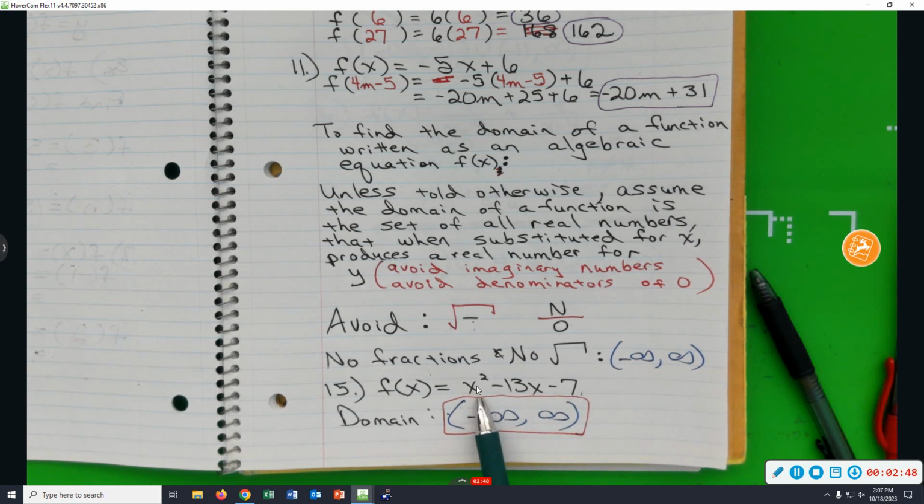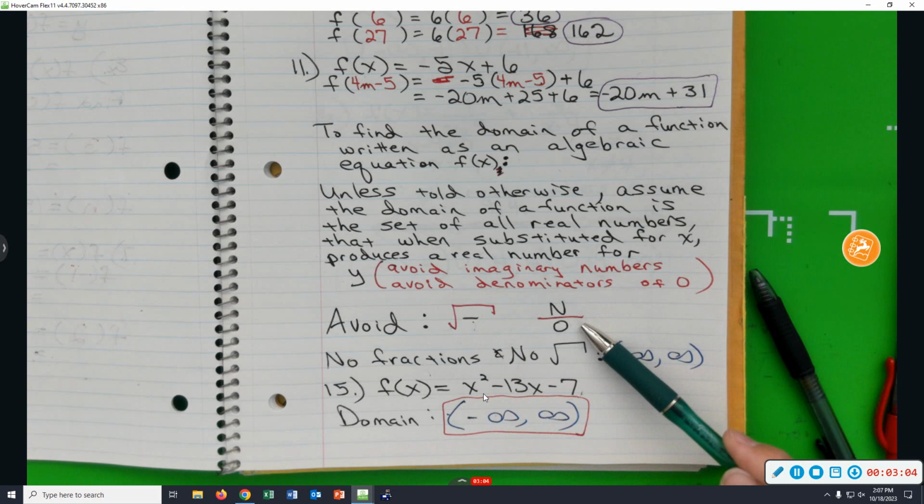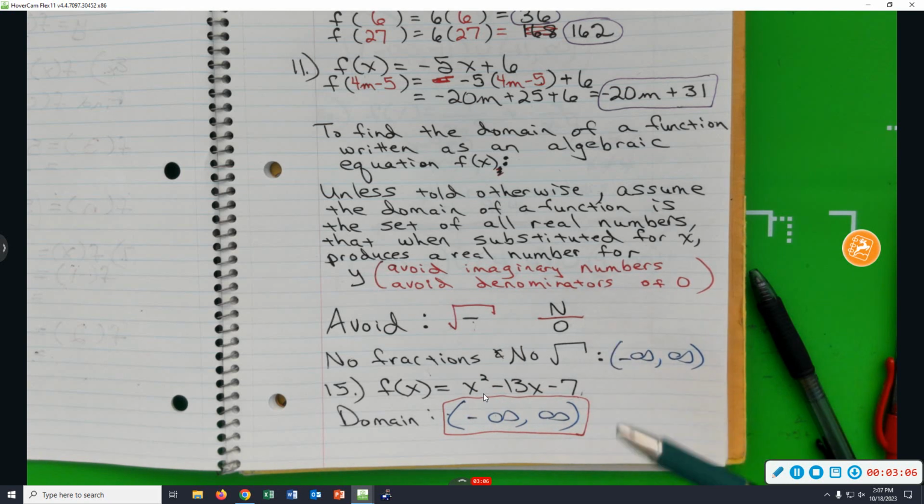Quadratic means the biggest exponent you have is 2. This is quadratic, so the domain is all real numbers. Any quadratic function will always have the same domain, because it won't have any square roots with variables under it. It won't have denominators that could equal 0. And that's going to be significant later on when they're asking us for the domain of quadratic functions.